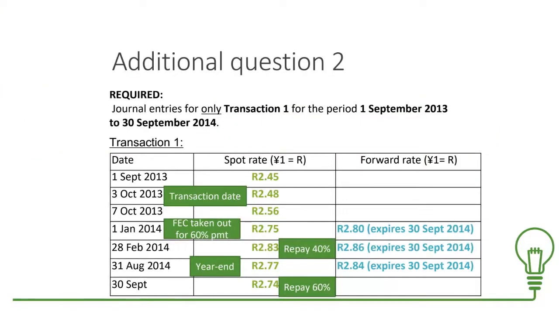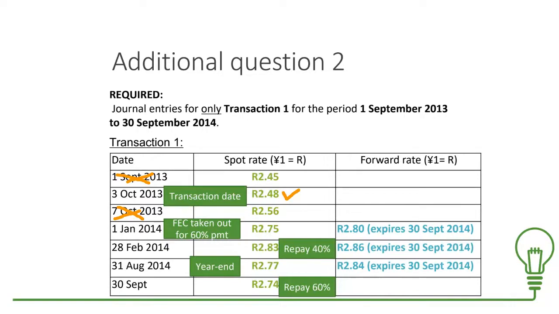Right. Now, again, get ready because I'm going to ask you a question. So we're not worried about when the goods were ordered. We're not worried about when the goods were delivered. Right. We are worried about the transaction date. Okay. So on the transaction date, we're going to measure the monetary and non-monetary item. Right.